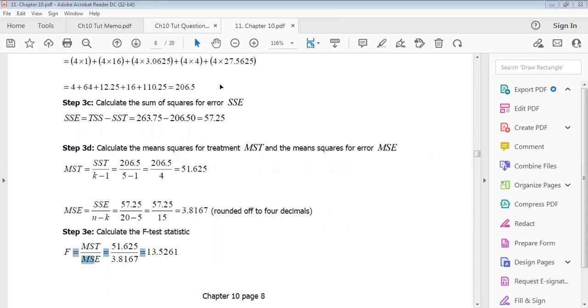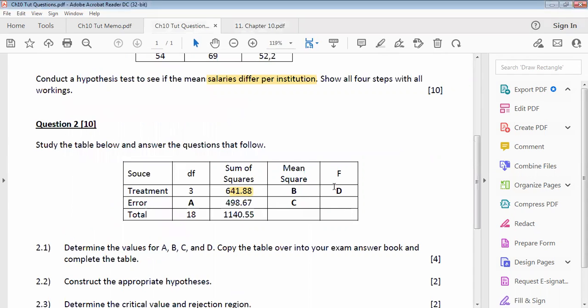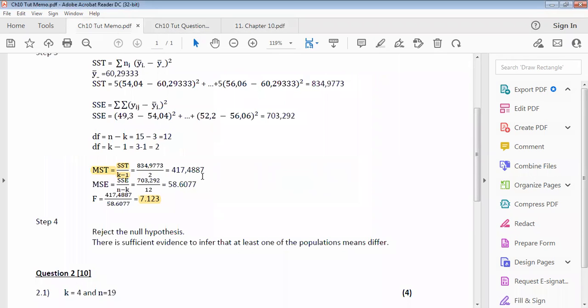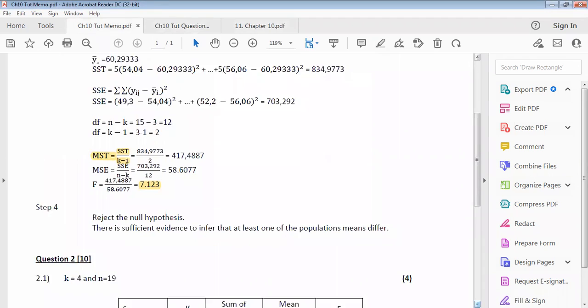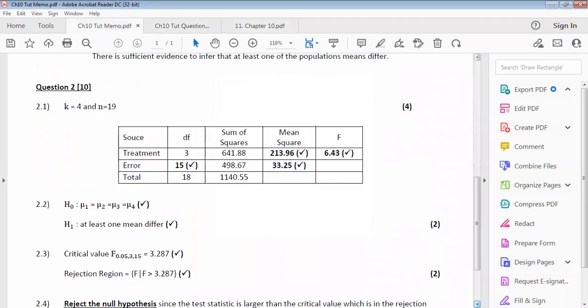Okay, let's go to the question. So our D is just dividing the 2. Yes, Lorna, thank you for trying. So the answer is just dividing the 2, and it's basically 6.43.